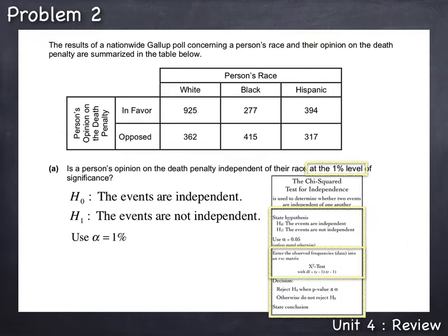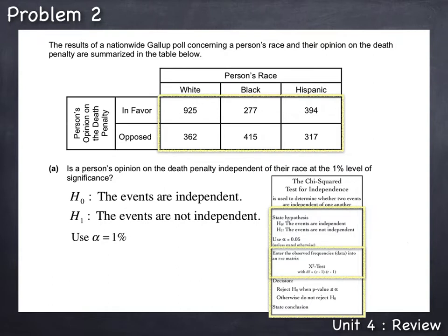In a chi-square test for independence, the data is organized in table form, where one of the variables is expressed across the rows and the second variable is expressed down the columns. These observed frequencies or sample data need to be entered into the TI-83/84 calculator before we can calculate the p-value.